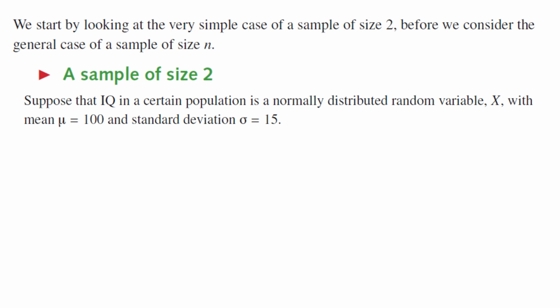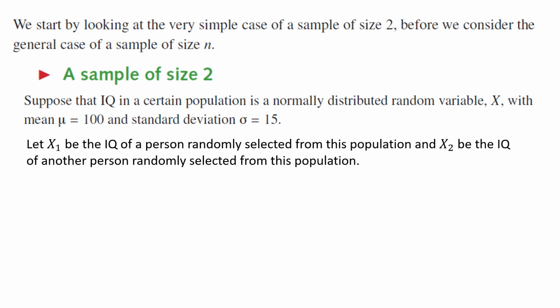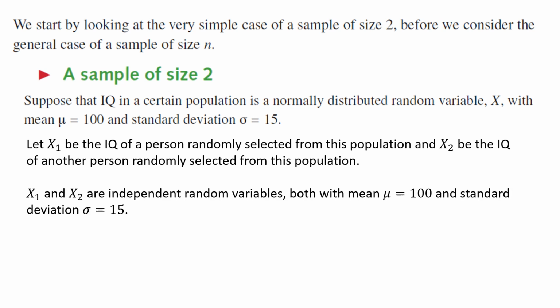So suppose, again, reverting back to the IQ case, which is a case we're going to commonly look at from here on in, we're going to take 2 people that become tested, and we're going to work out their averages. So let x1 be the IQ of a person randomly selected from the population, x2 the IQ of another, and what we're going to look at is the higher order random variable x1 plus x2.